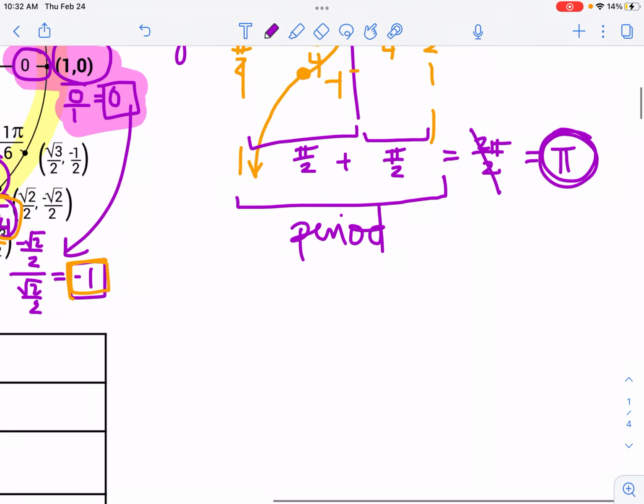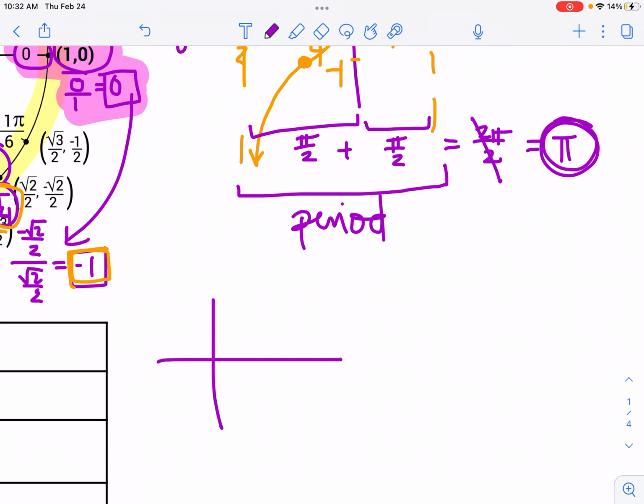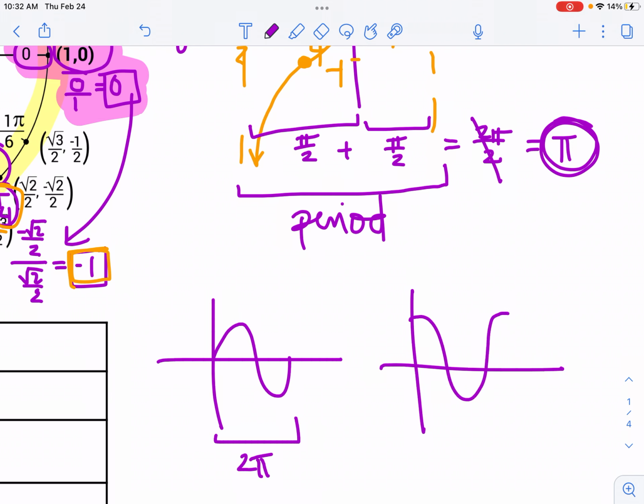That's a little bit different from our sine and cosine graphs. If you remember, sine looked like this. Its standard graph had a period of 2 pi. Same thing with cosine. That means it took that total distance to get all of the points in a standard graph. So tangent is a little bit shorter.